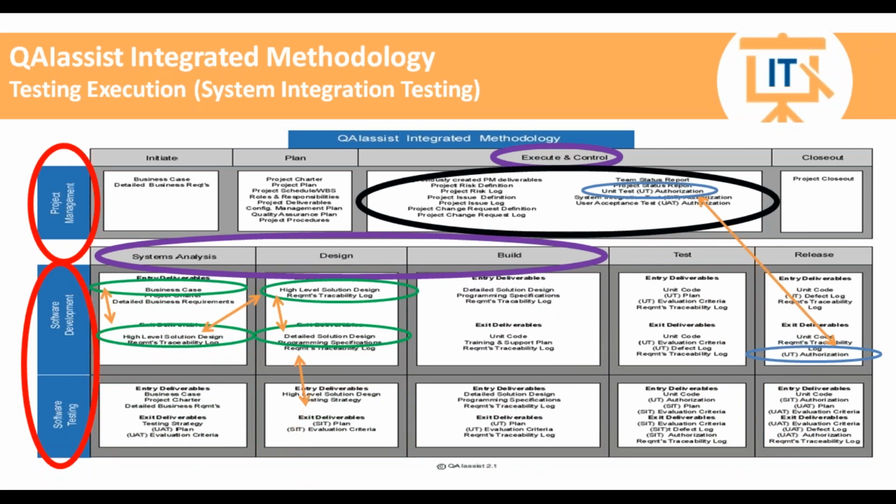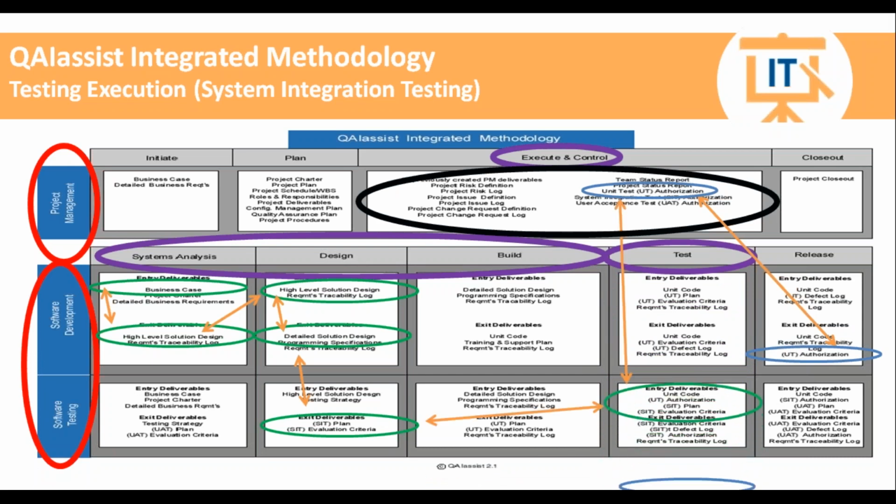We're going to use each of these deliverables to define all our system integration testing plans and our evaluation criteria for our system integration testing. And we are then going to use these plans and this evaluation criteria to actually do our system integration testing. We know how many functions we have. We know what the evaluation criteria is because it's defined in the requirement. And now we're going to use that as a reference as we actually do our integration testing.